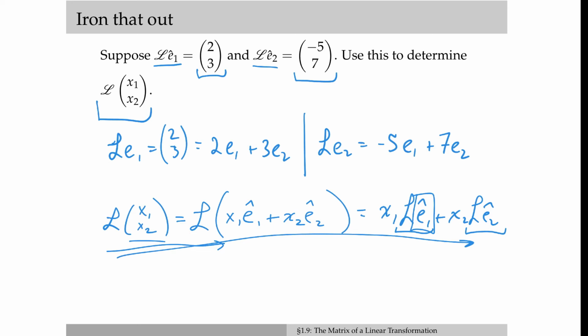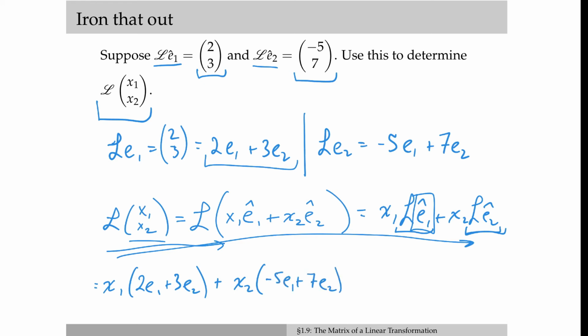So LE1 is equal to that. So I have x1 times 2E1 plus 3E2, plus x2 times what L does to E2, which is negative 5E1 plus 7E2.